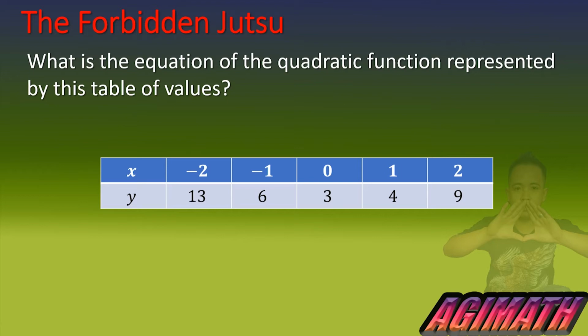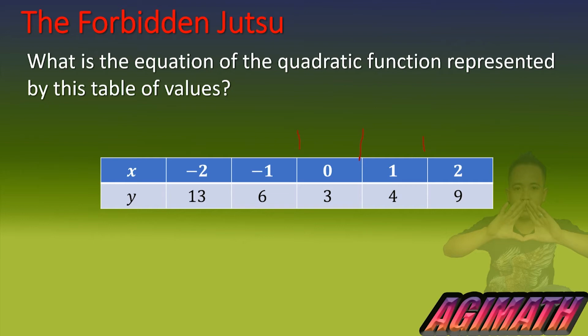Before I show you the real solution, let me first clarify the criteria that we are going to meet. First, when you look at the x values, try to find the difference. The difference should be equal to 1 before we can use this technique. So let us check. 2 minus 1 is 1. 1 minus 0 is equal to 1. 0 minus negative 1 is 0 plus 1, so that's 1.